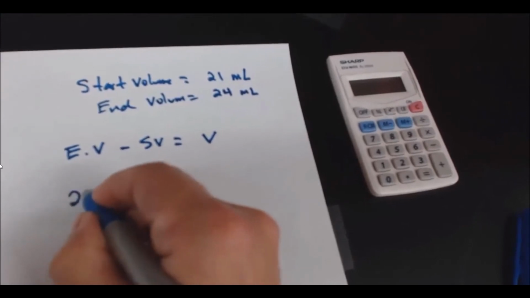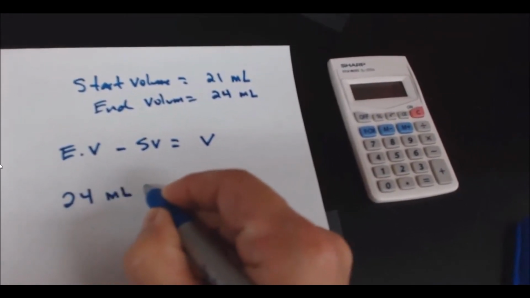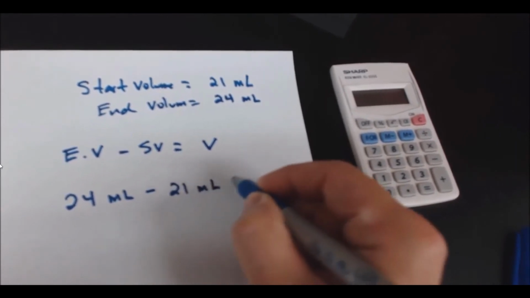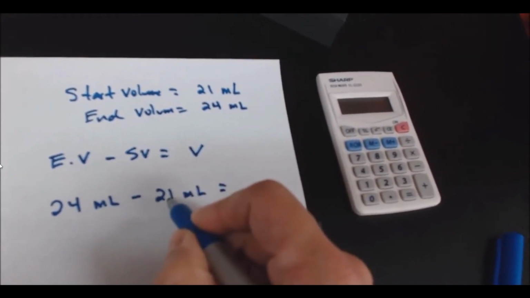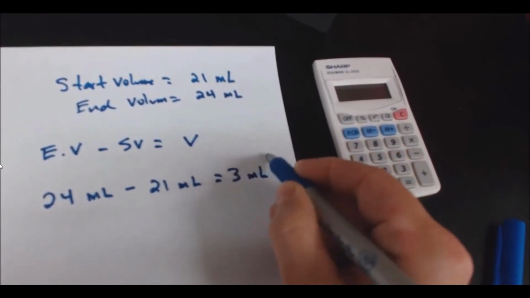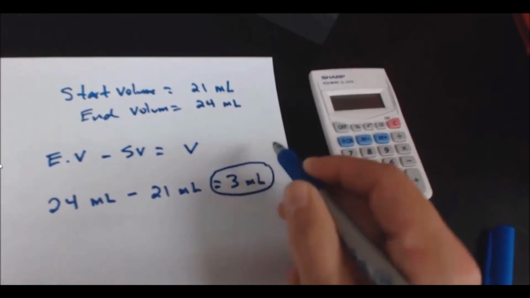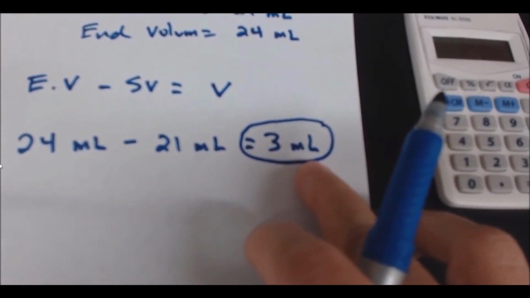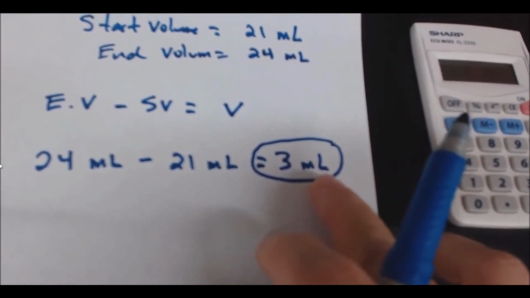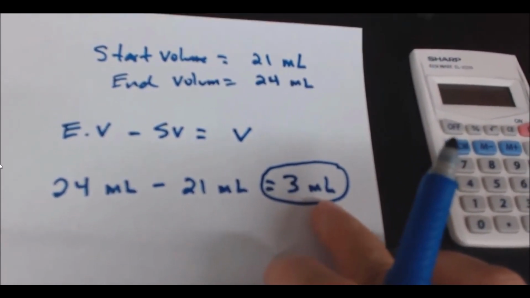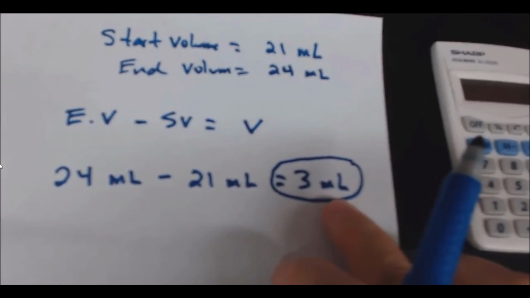So my ending volume was 24 milliliters minus my starting volume, which was 21 milliliters. 24 minus 21 equals 3 milliliters. So if I want to know the volume of my rock, that's the volume of my rock right there. Because that rock displaced 3 milliliters of water, which means that rock has a volume of 3 milliliters.